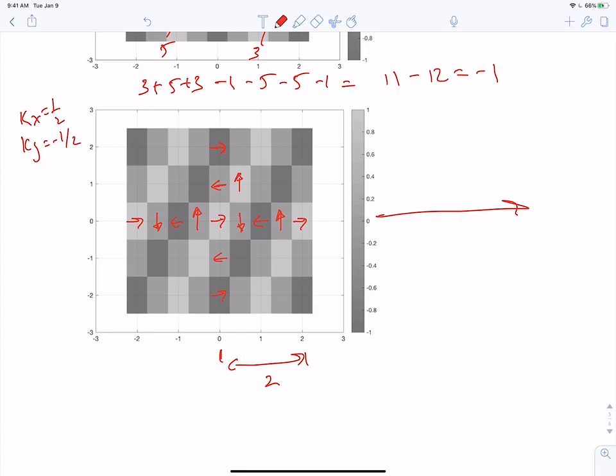Up, down. Okay, so does that look right?